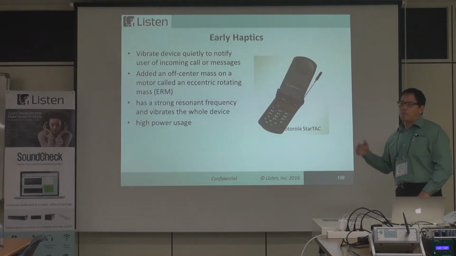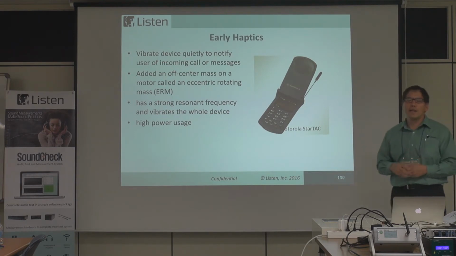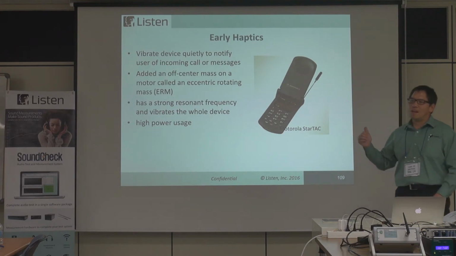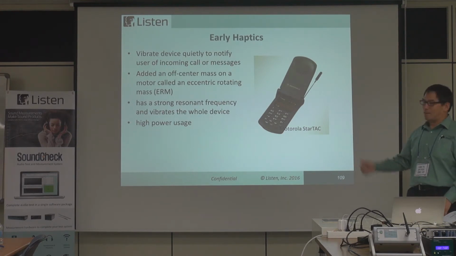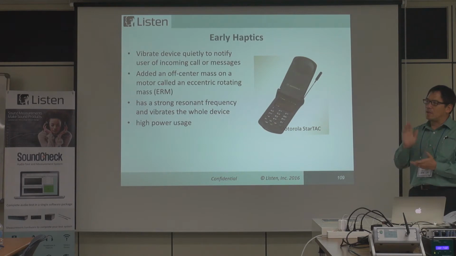So the early haptics for consumer electronics, really it could be something like a Motorola flip phone. And I also remember something like this. I'm old enough to know that when these came out, they were the best phones available. Very small, very compact. They fold closed and open.